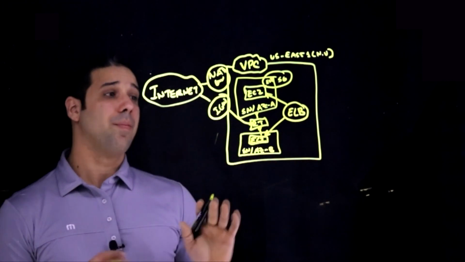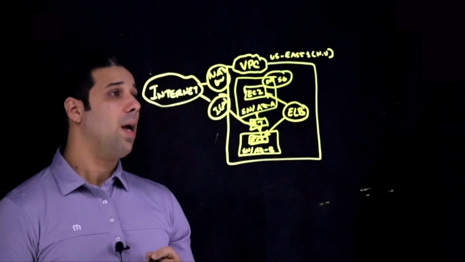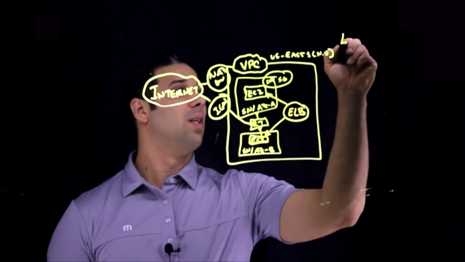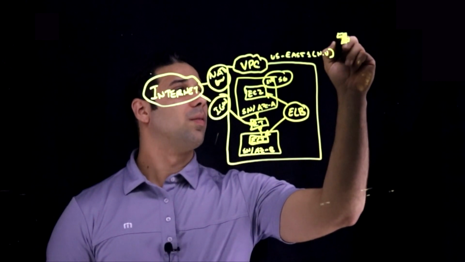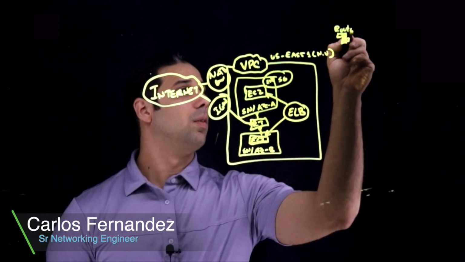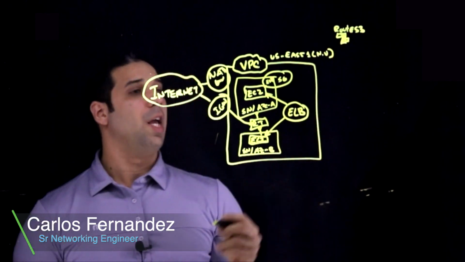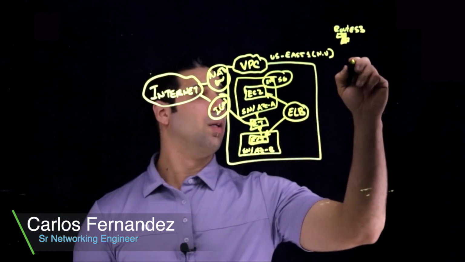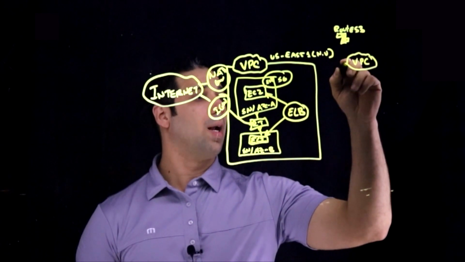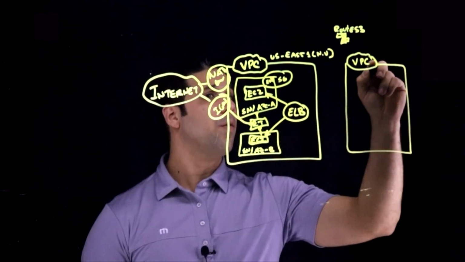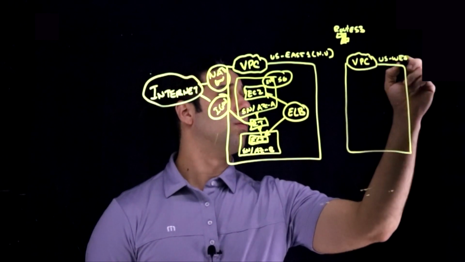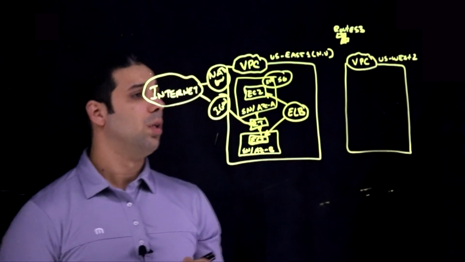On top of that, we can define pretty cool DNS routing policies with Amazon Route 53, in which we can actually leverage a VPC, another virtual private cloud, in a different region. And for this example, we put US West 2. This is in Oregon.